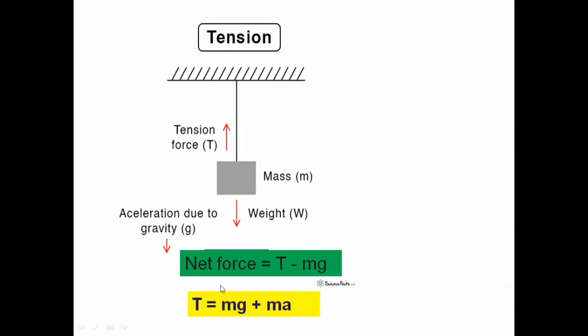So, net force acting on this system is equal to the tension force minus downward force. That means upward force minus downward force. Therefore, T is equal to mg plus ma, where m is the mass of the object, g is the acceleration due to gravity, and a is the acceleration. T is the tension force.